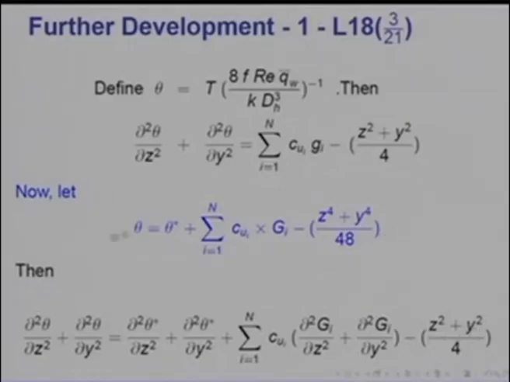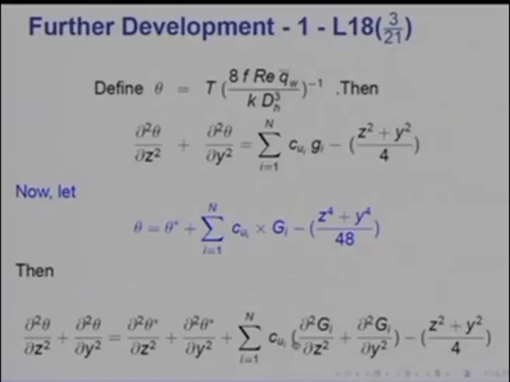Now, suppose I say that the sum of the second derivatives of G_i with respect to z and y is equal to small g_i, then you will readily see that d2 theta star by dz square plus d2 theta star by dy square would turn out to be 0, because this is exactly equal to c_i g_i minus z square plus y square by 4.